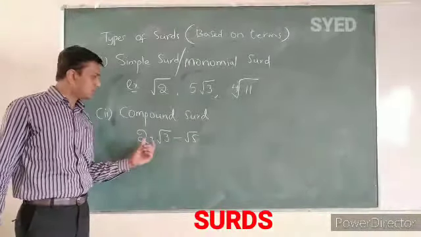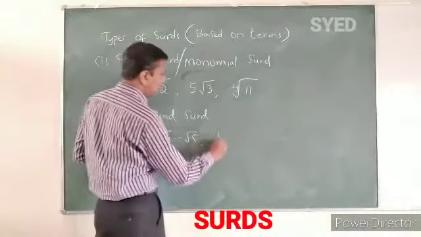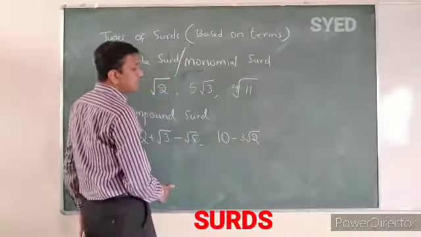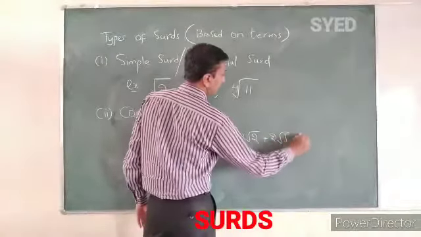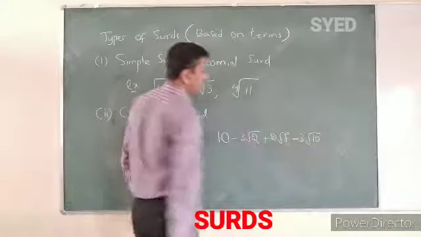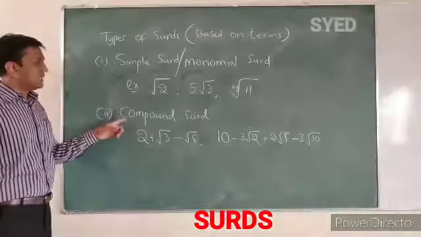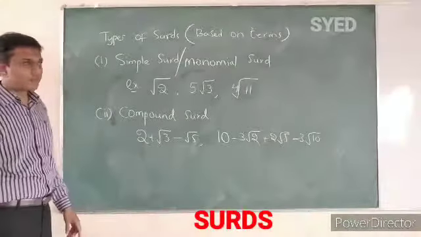So more than two terms, 2 plus root 3 minus root 5, or you can have it like this also: 3 minus 10 minus 3 root 2 plus 2 root 5 minus 3 root 10. Like this, more than 3 terms also you can have. Such a surd is called a compound surd.